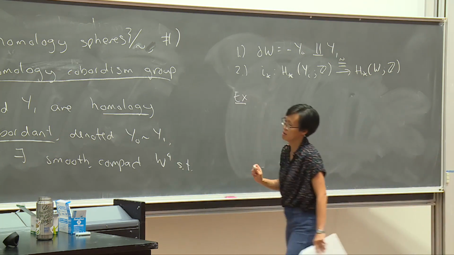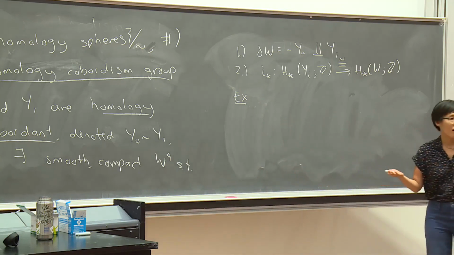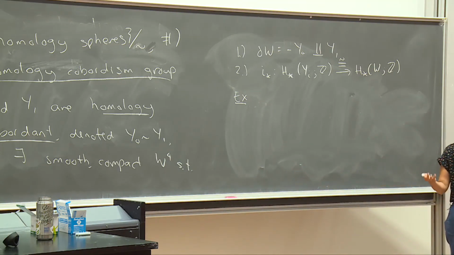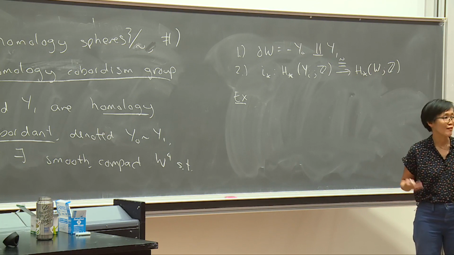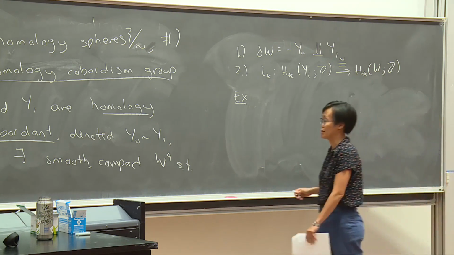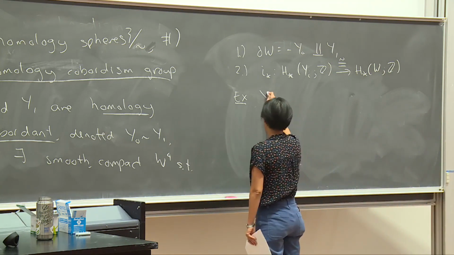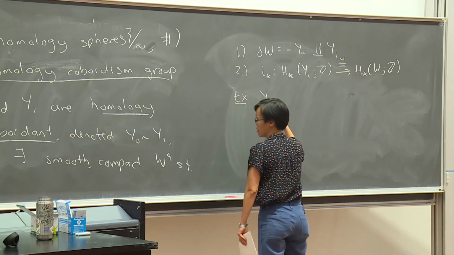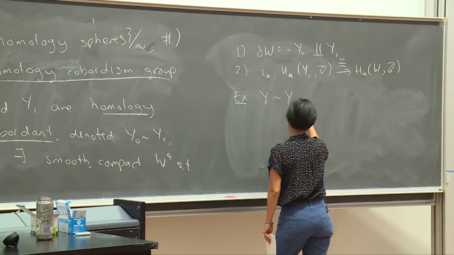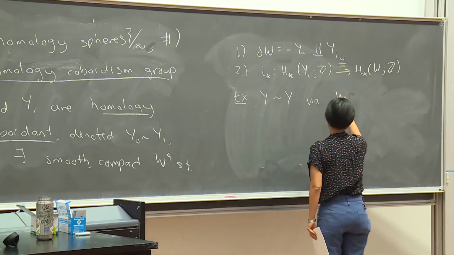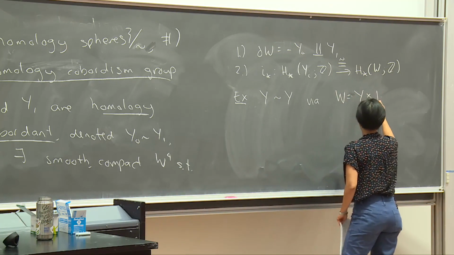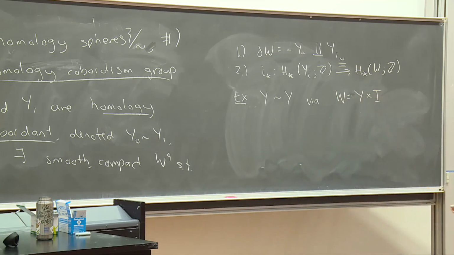I said that W on the level of homology looks like a product. So if I take a product, that's going to be a homology cobordism. So any three-manifold Y is homology cobordant to itself via just the product.